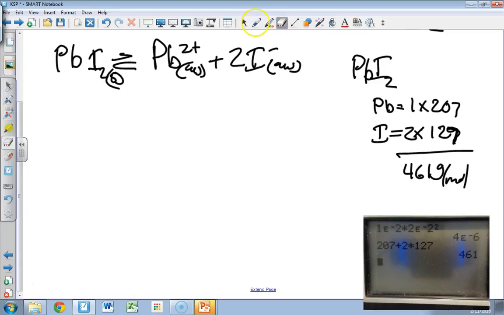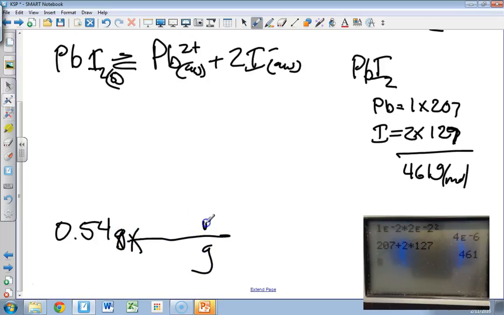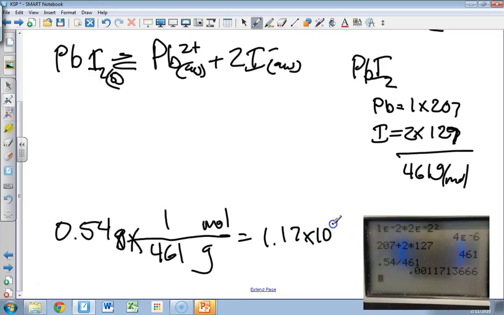So now if we're going to do this, we go 0.54 grams times, and I always use the X line, grams on the bottom, moles on top, and it's 461 grams for every 1 mole. So we're going to go 0.54 divided by 461, and that's going to give us 1.17 times 10 to the minus 3 moles.